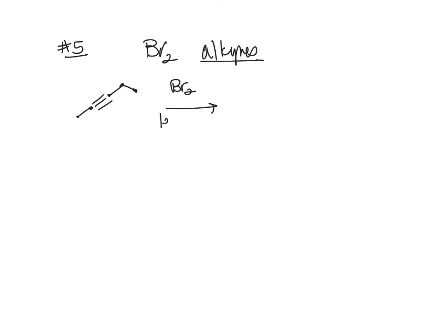And the first thing you want to do is one equivalent. So here, you do this. Now, if you remember, with an alkene, it made this bromonium cation. Okay, so 1, 2, 3, 4, 5.